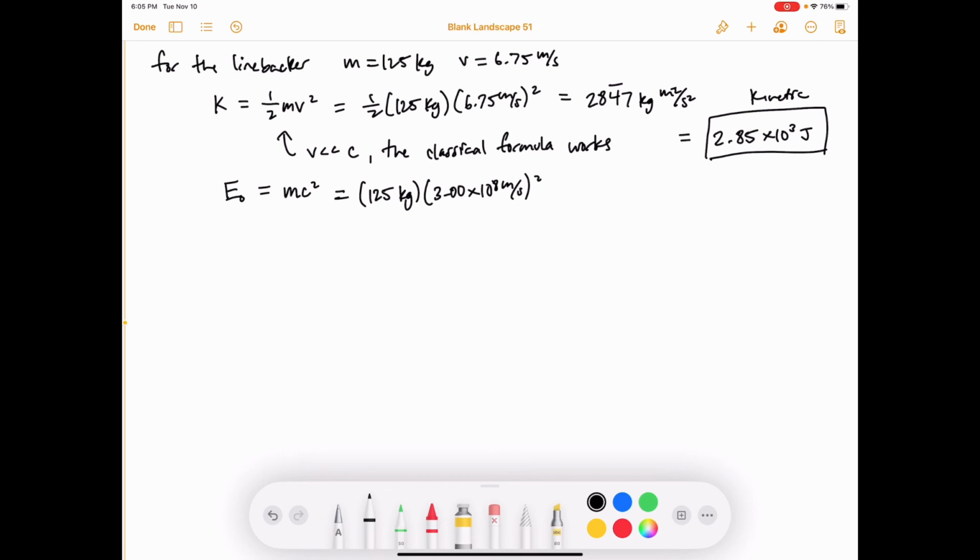And what this will come out to is 1.13 times 10 to the 19 joules. So this is our rest energy. The rest energy, E0, is much, much bigger than the kinetic energy, K. So we are definitely in the non-relativistic regime here.